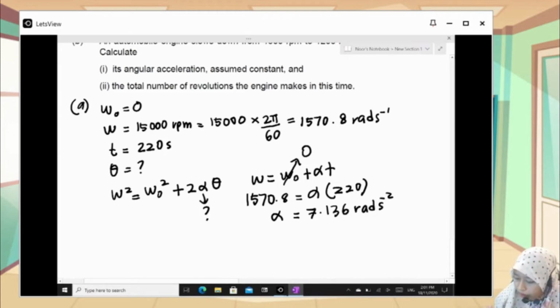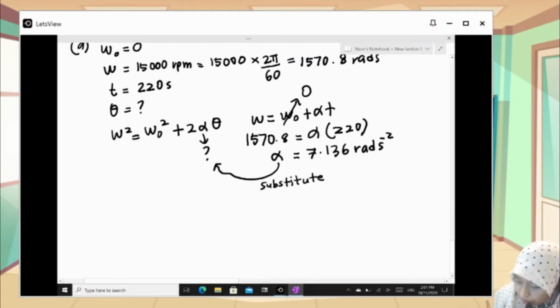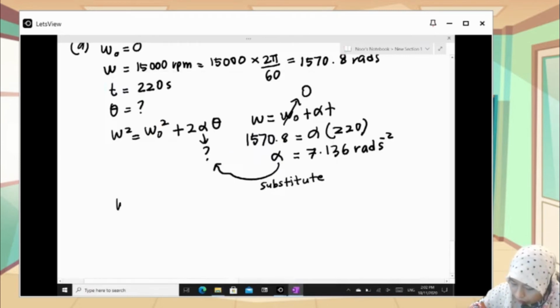Okay, so now since we got alpha, we can substitute the alpha in this equation. Therefore, we will get omega squared equals omega naught squared plus 2 alpha theta.